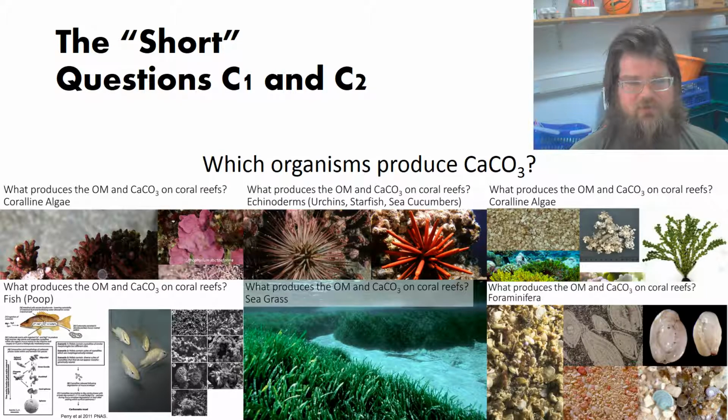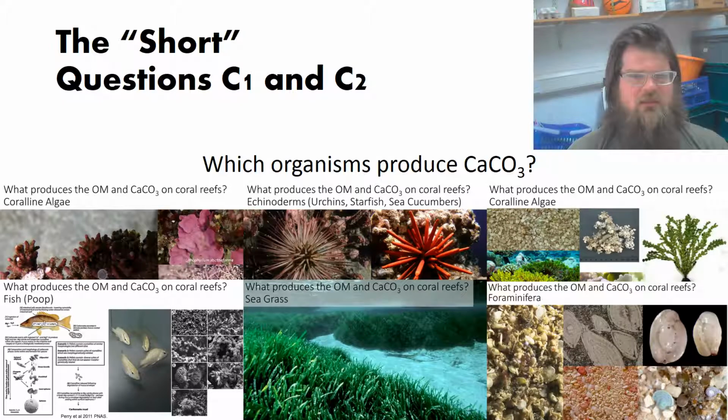They poop out microcrystalline calcium carbonate. Forams, very important in some environments. Now, I guess we'll come on to this in the next slide, but also just point out that these are the slides, and along the slides it does say which organisms produce organic matter and calcium carbonate, and it says that on almost all of the slides.